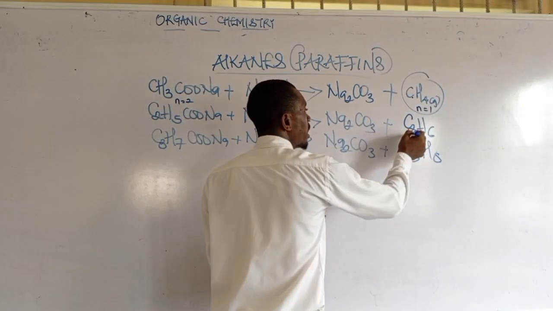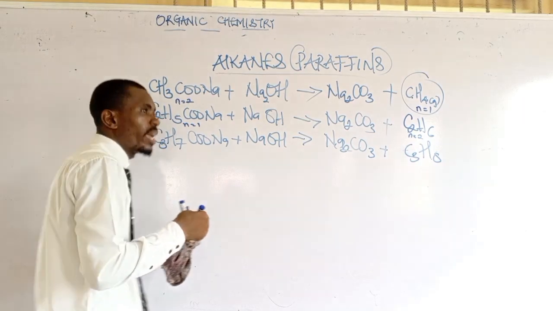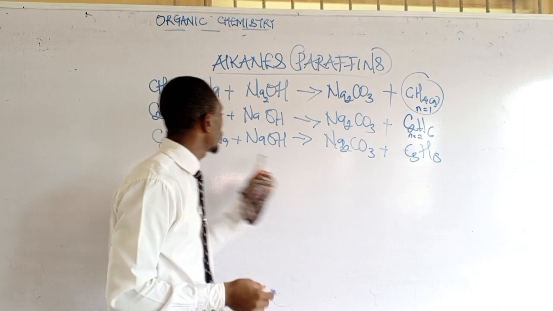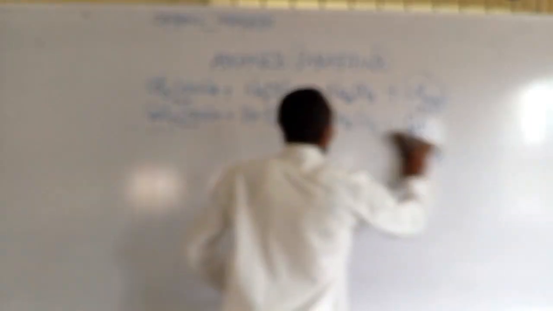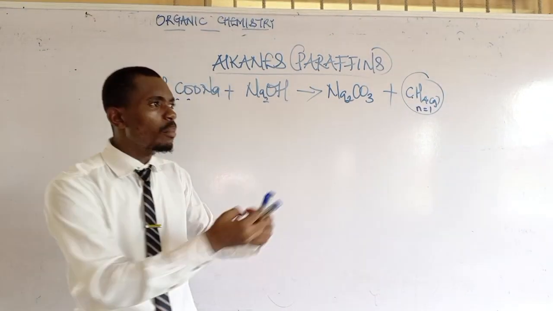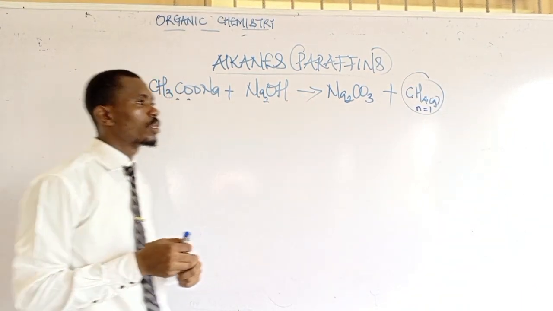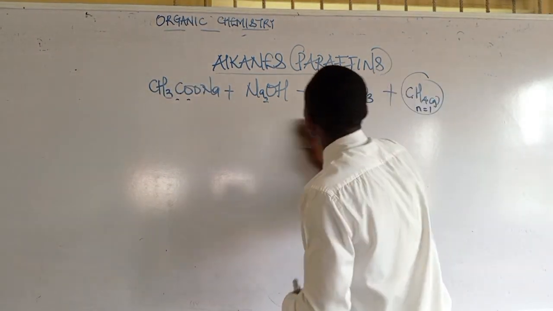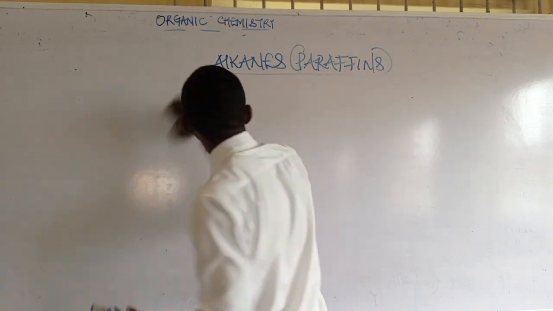We got ethane, n equals 2, from n equals 3. In other words, we will get pentane, which is n equals 5, from sodium hexanoate, n equals 6. After you collect the gas, the delivery tube must be withdrawn on time to prevent suck back of what is formed.